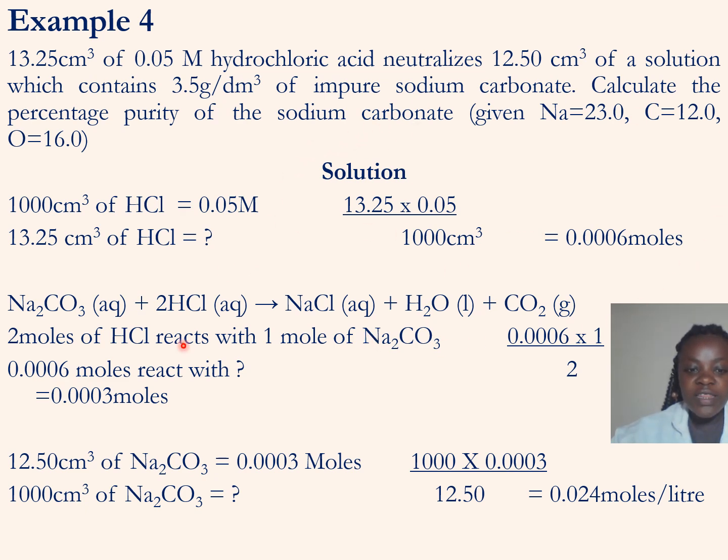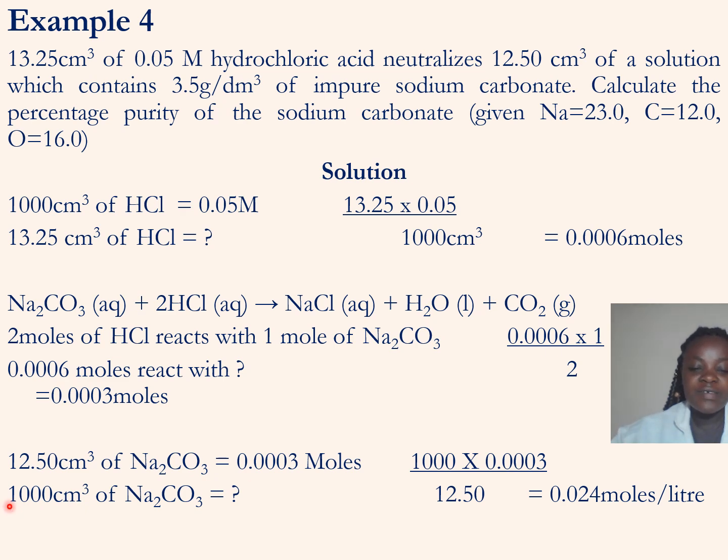Now we don't need the number of moles, we need the concentration. So to get the concentration, we have to compare. Now we have 12.50 centimeters cubed of sodium carbonate was used. So this is equal to 0.0003 moles of sodium carbonate.